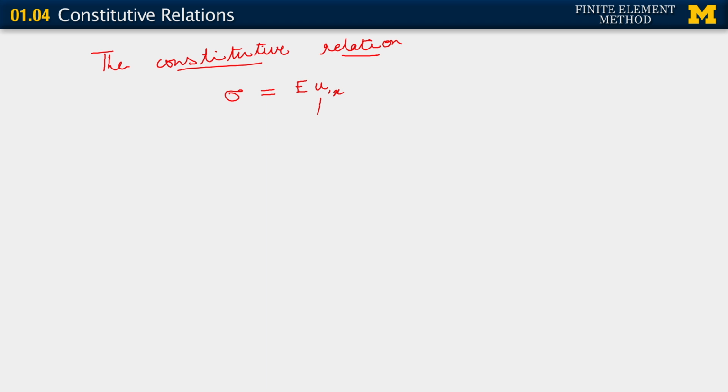A constitutive relation, as the term suggests, tells us something more about the constitution of the domain of the problem. In this particular case, we started out with the primal field u, but then we introduced another field, sigma. What we're saying is that we know something more about the domain of interest, and in our case, the domain of interest is this one.